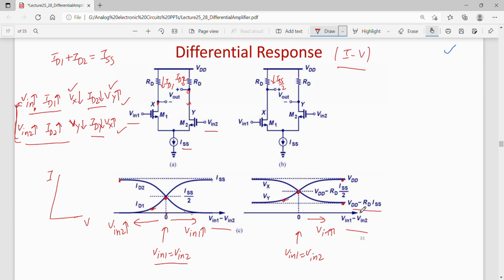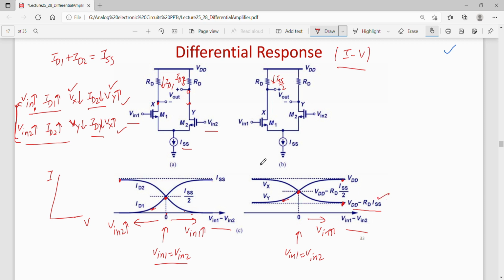Vin increases to a point that the current increases to ISS. So the current flowing through this is at this point ISS. So Vx could be calculated as VDD minus I times RD, and I is ISS at this point.